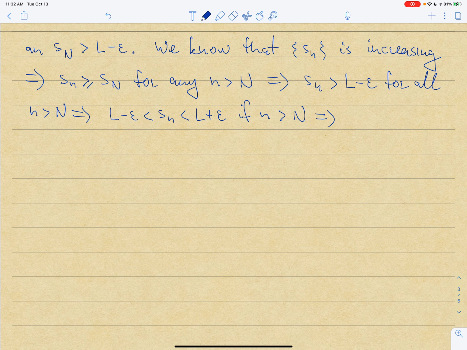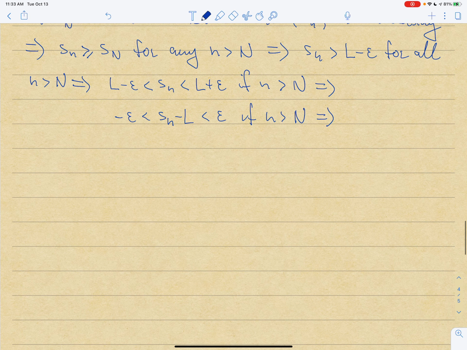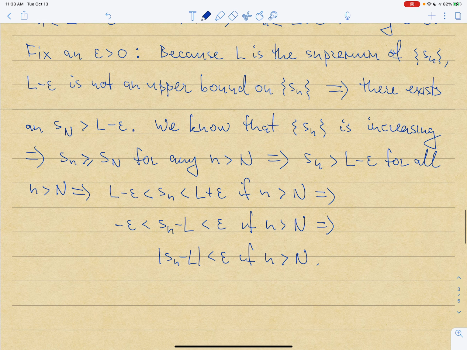Which is the same thing as saying Sn minus L is less than epsilon and bigger than minus epsilon if n is greater than capital N. But then I can write that by using absolute value as Sn minus L, absolute value, is less than epsilon if n is bigger than capital N. So what have I got?